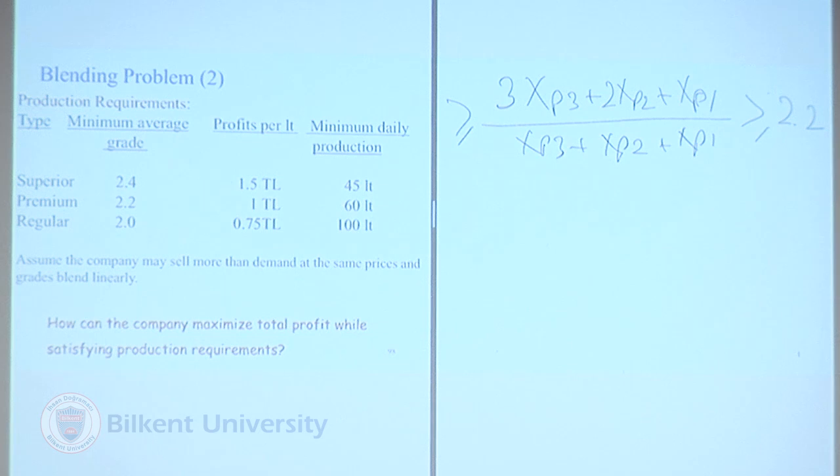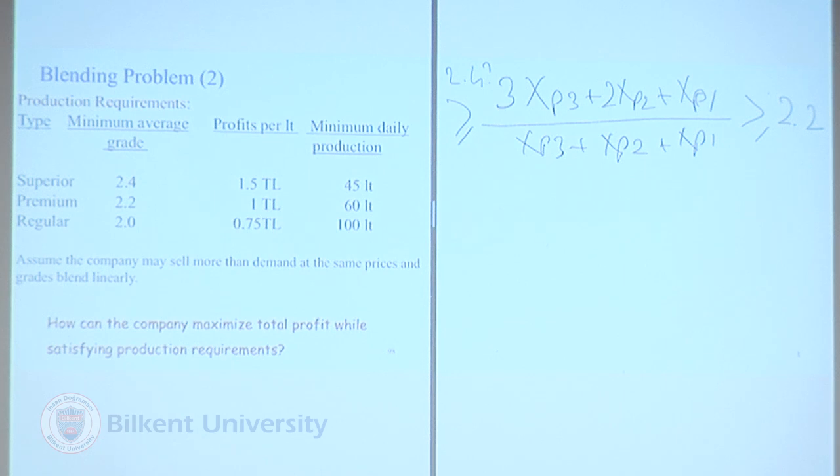This can go here or not. Because if I put it there, then I'm actually forcing it. If all my oranges were very good, and all the juices are with average grade 3, what am I going to do?